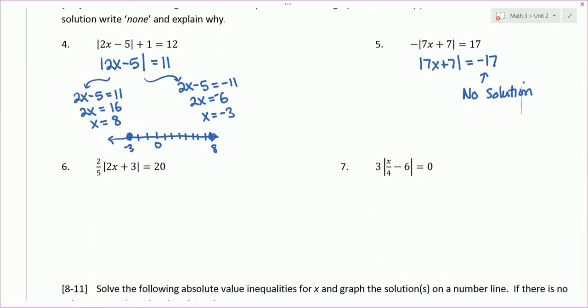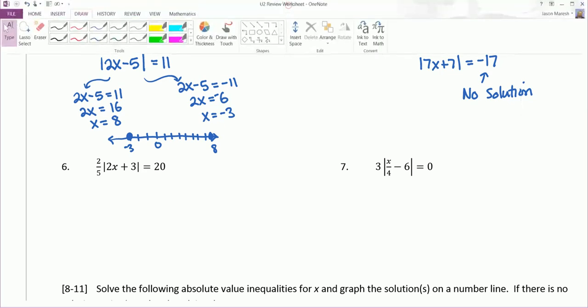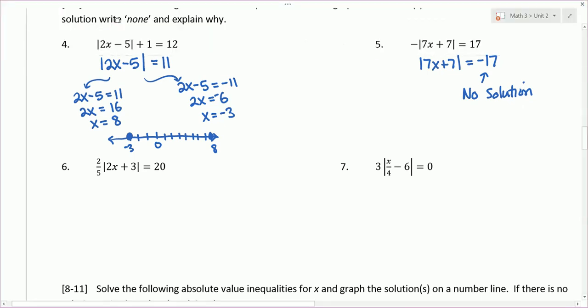Number 6, 2/5 times the absolute value of 2x plus 3 equals 20. That 2/5 is not part of the absolute value, so we are going to work on getting rid of that first. One way to do that is to multiply both sides of the equation by the denominator.